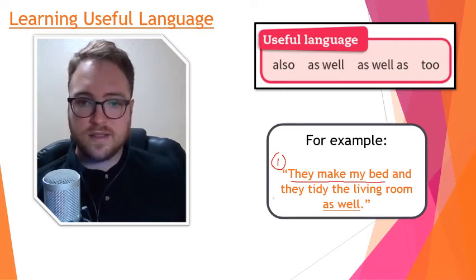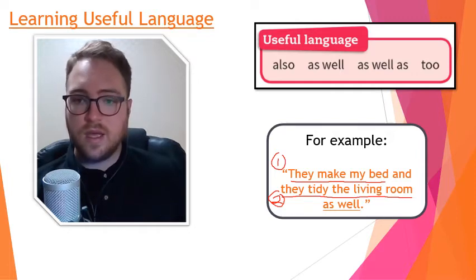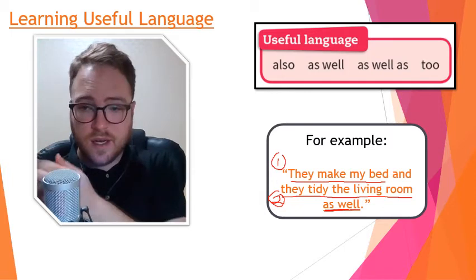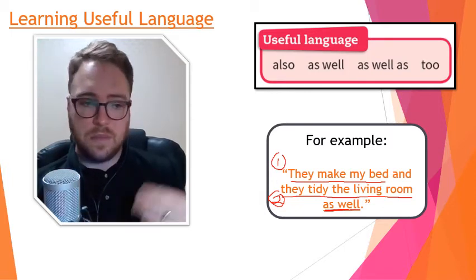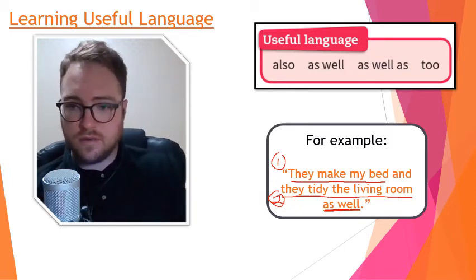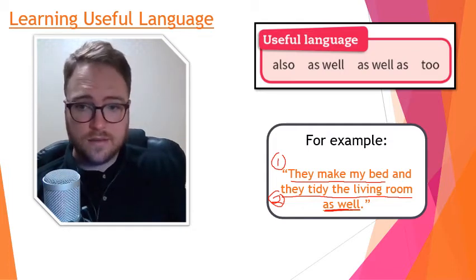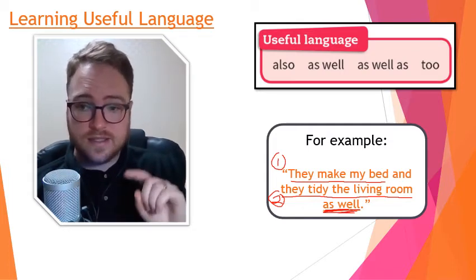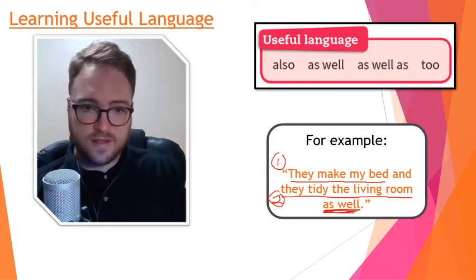Second clause here, they tidy the living room. "As well" goes at the end of the sentence and means in addition or additionally. Okay? So remember that, at the end of the sentence.